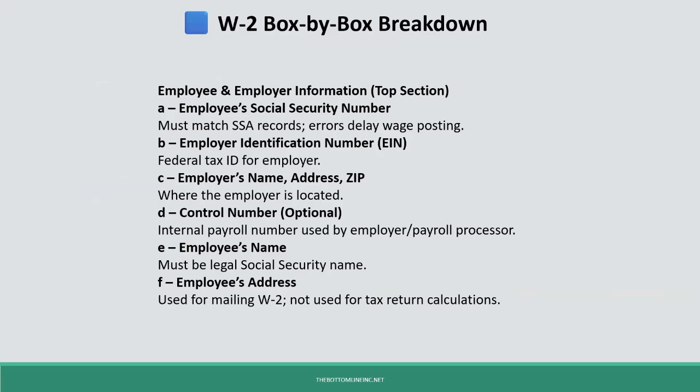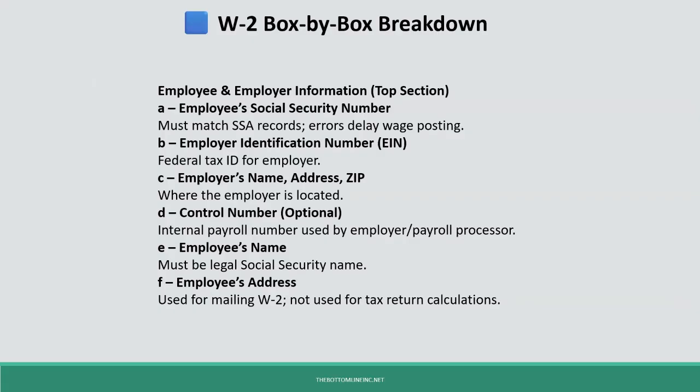So the employer information on that W-2 goes on the top of the return. We want the employee's Social Security number, the employer's EIN, which is their employer identification number. Every business, like every employee, will have an identification number.